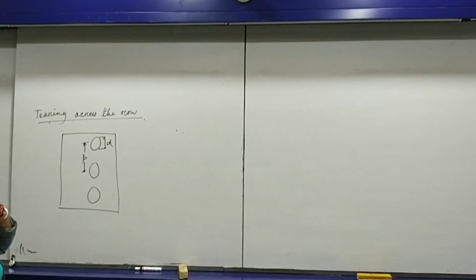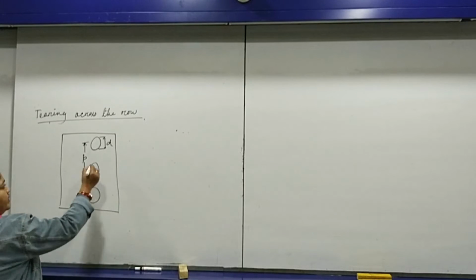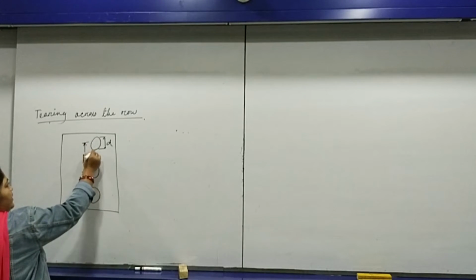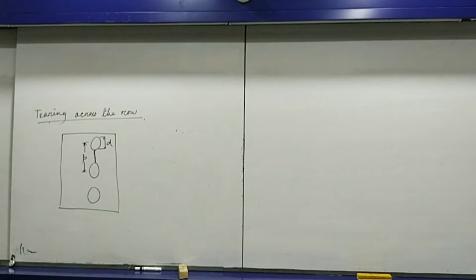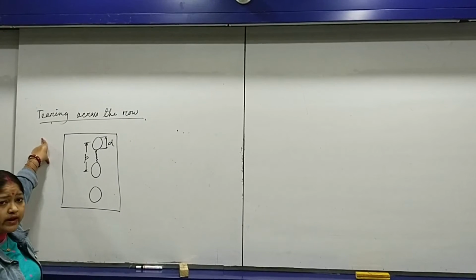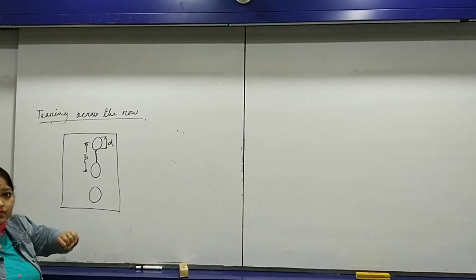Tearing across the row means that in a single row, if the tearing occurs between two consecutive rivets, then this type of failure is known as tearing across the row.